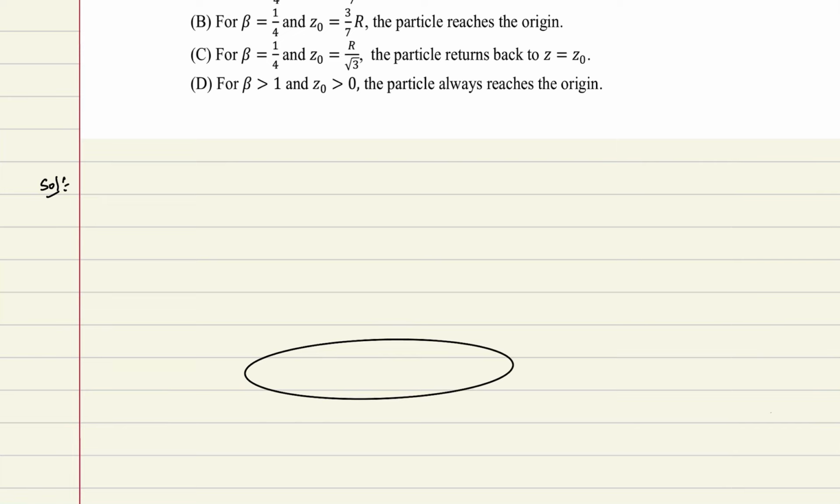First, take a disk. Let us consider that a charged particle q is placed at distance z equal to z naught from this disk.